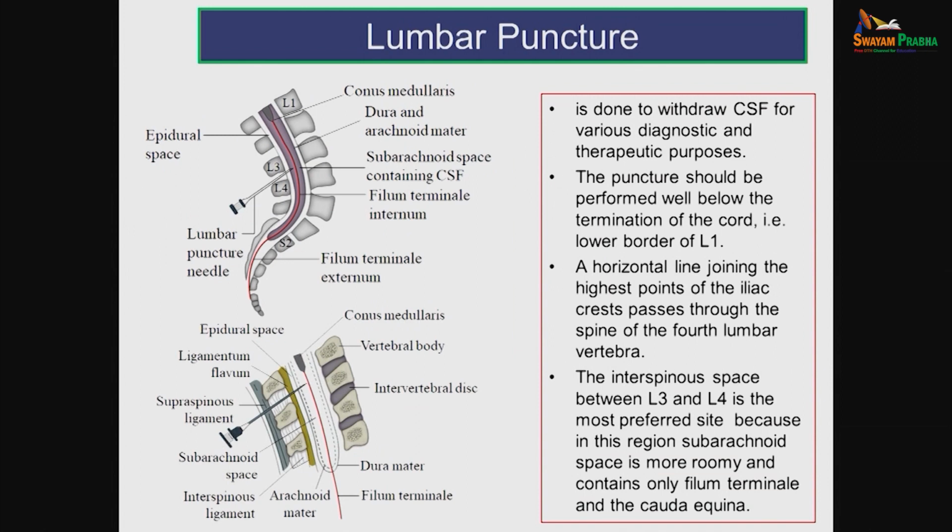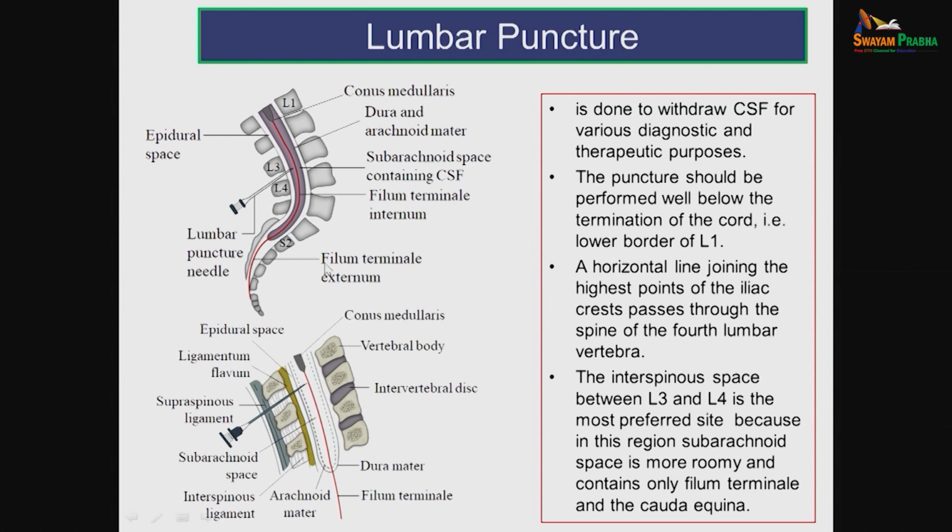So, the important clinical anatomy for this is lumbar puncture. Lumbar puncture is a procedure to withdraw cerebrospinal fluid. As has been mentioned, CSF is in the subarachnoid space. So, you can withdraw CSF for various diagnostic and also therapeutic purposes.